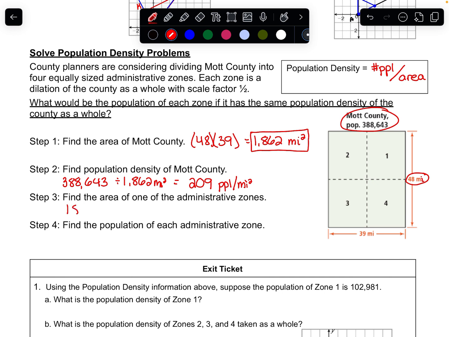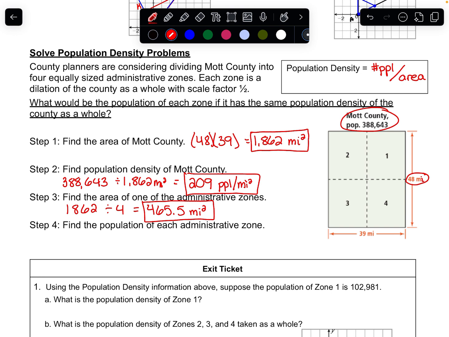But I'm going to do 1862 divided by 4, since there are 4 administrative zones. That gives us 465.5 miles squared. And you can have 0.5 of a mile, so that looks fine.